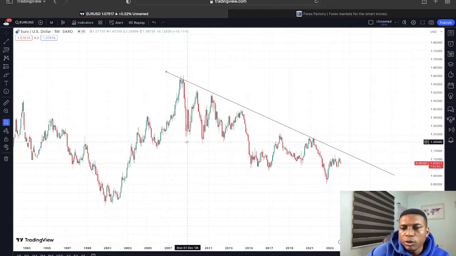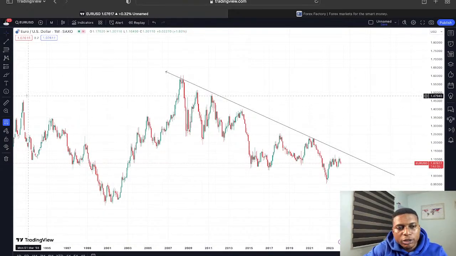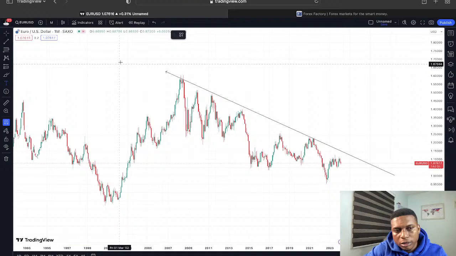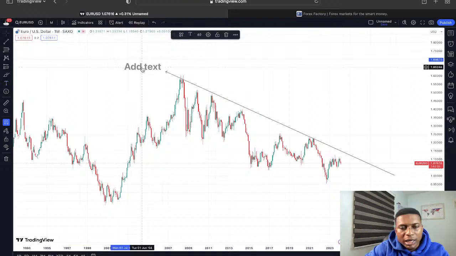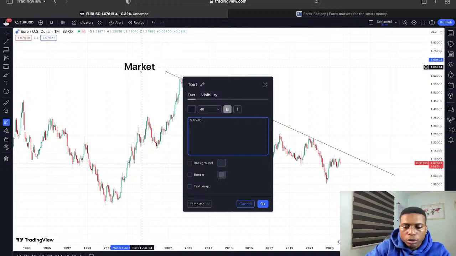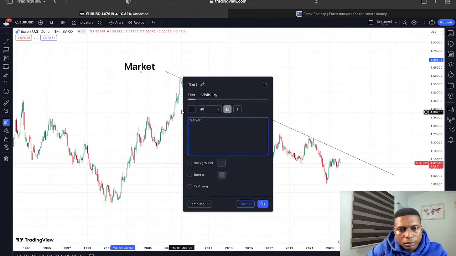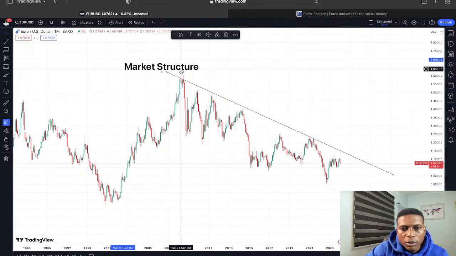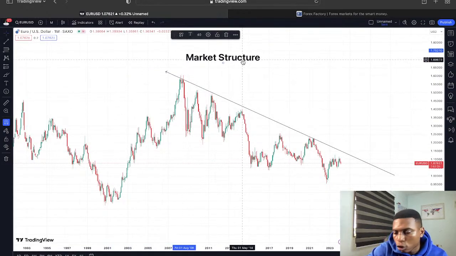Firstly, we need to understand what the market structure is. Let me just add the text so that you can get what I'm saying. Market structure. Here we're trying to understand what the market structure is.